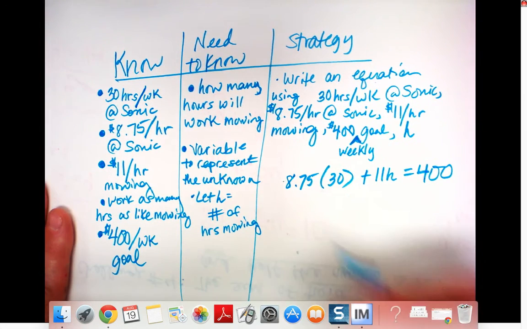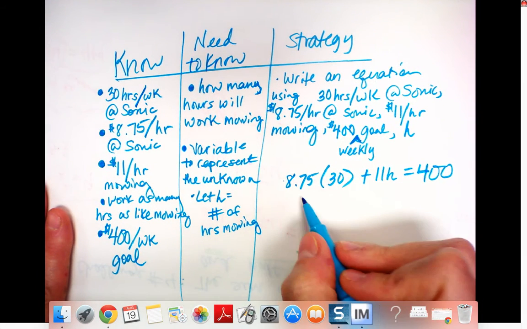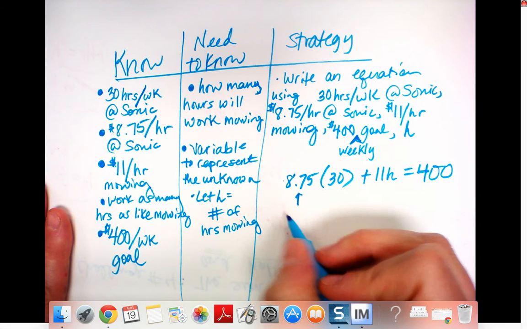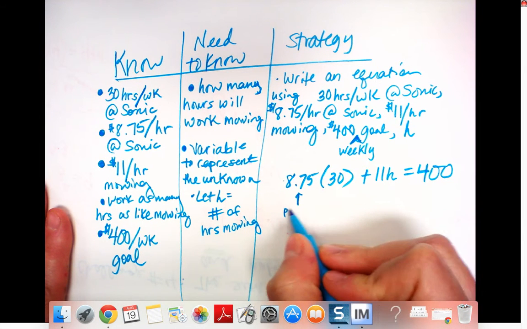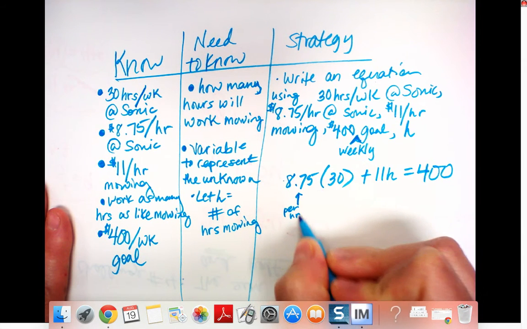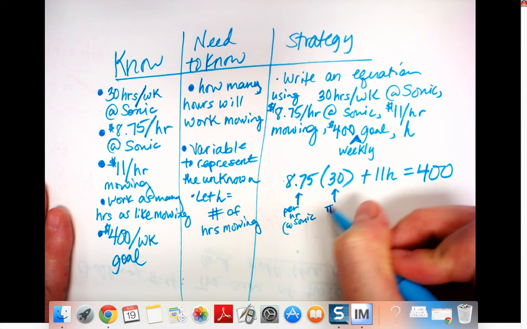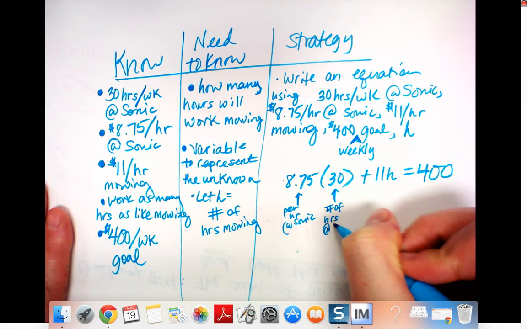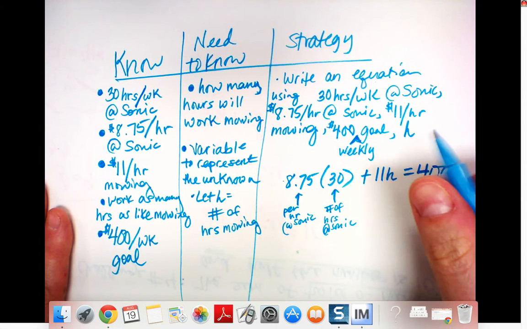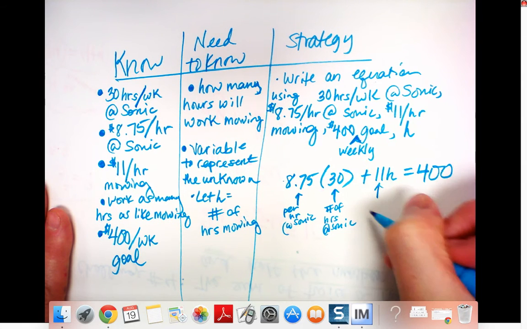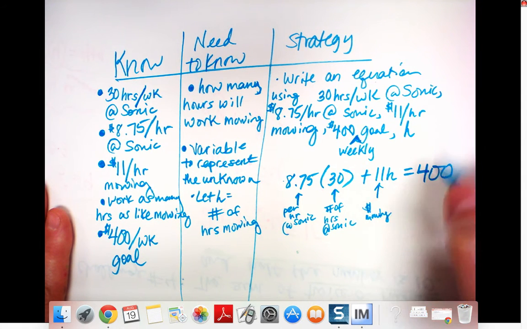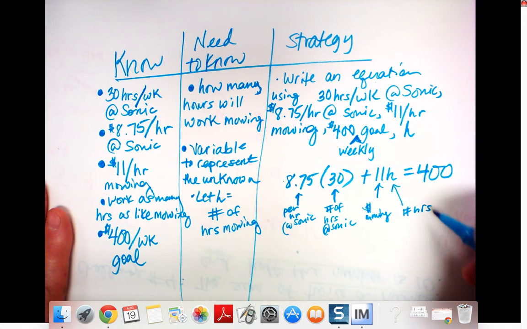This says make $8.75 per hour at Sonic times the number of hours you work at Sonic, added to the money you make mowing times the number of hours you will need to mow.